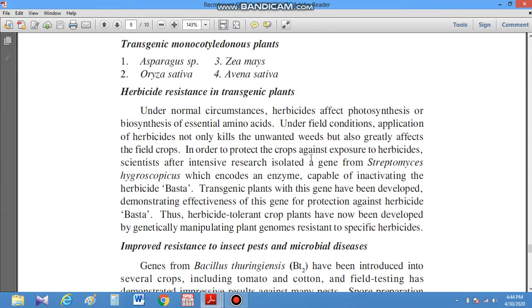So if the plant becomes transgenic for the herbicide, it becomes resistant to the herbicide, and there will be less use of herbicide in the field crops.